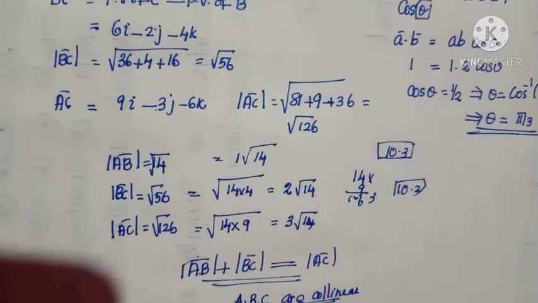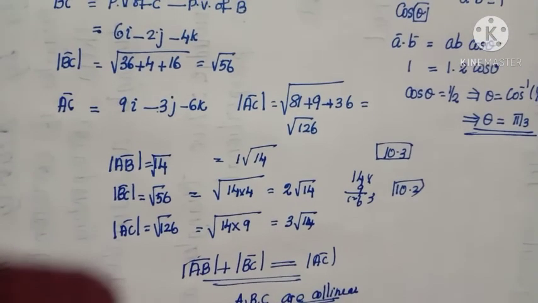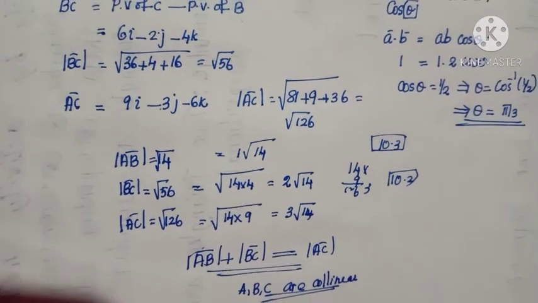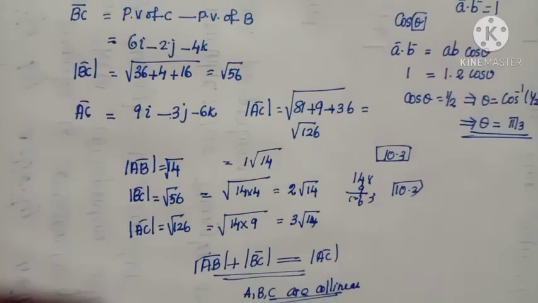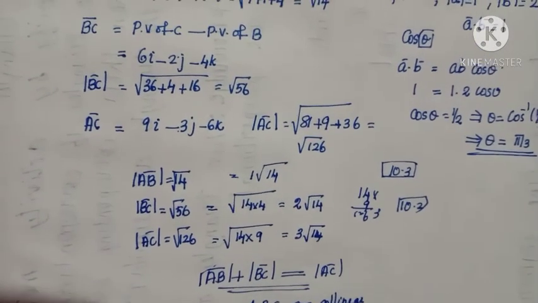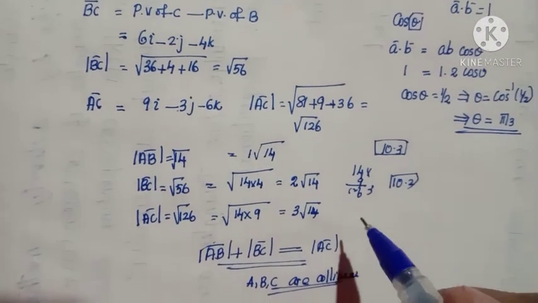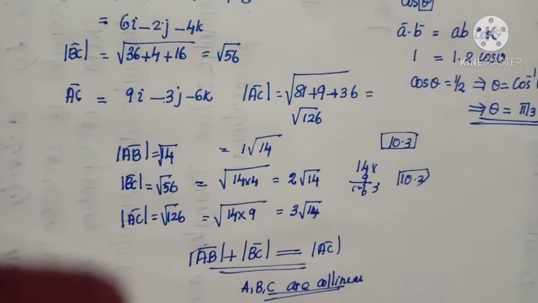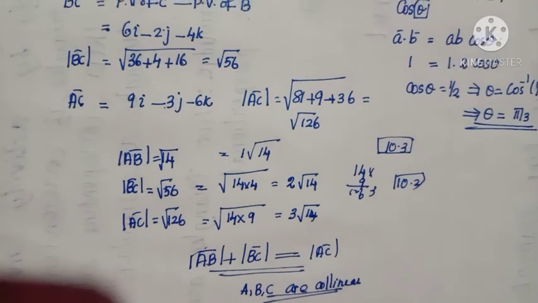All the questions in exercise 10.2 are too easy. Simply write that the points are collinear, or find the magnitude, or find the direction ratios, or something like that. Okay, so anyway, do it by yourself. And today I am not giving a test paper. You can complete the exercise only. Okay.